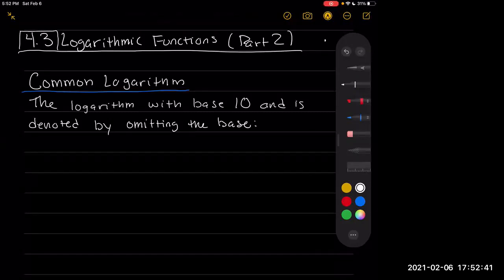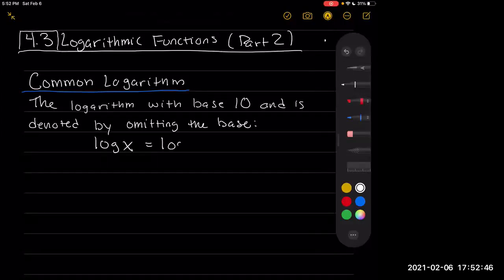And so this looks like just log of x. So this actually is log base 10 of x.